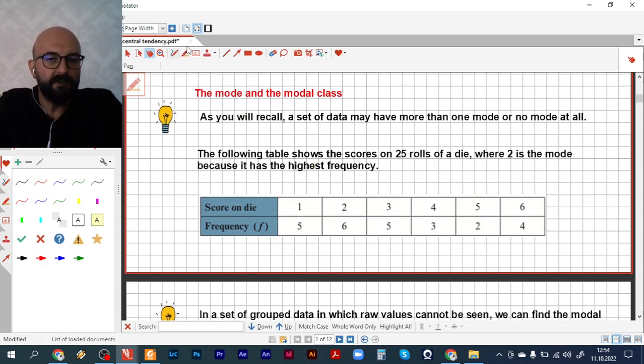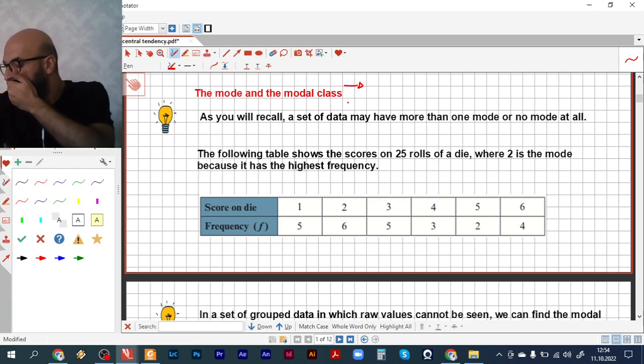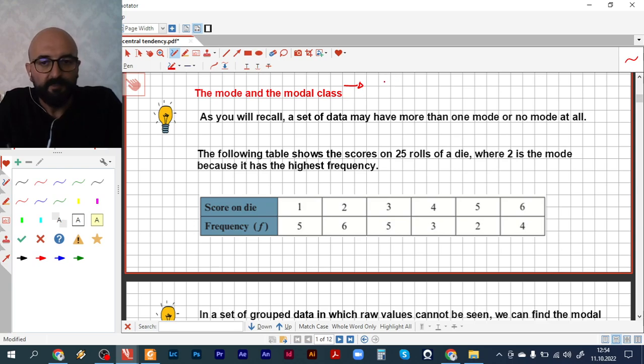As you will recall, a set of data may have more than one mode or no mode at all. For example, if your values are 0, 0, 1, 1, 1, and 2, 3, and 4, 4, 4, 5.